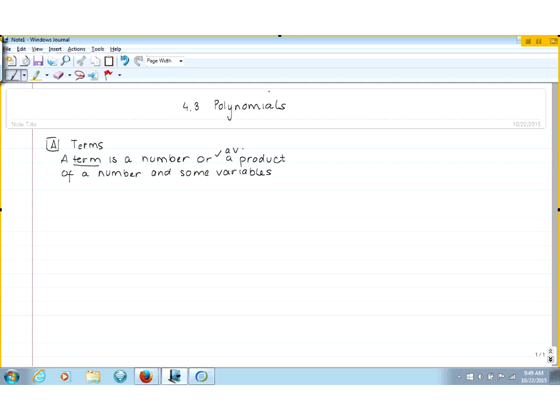Oh, actually, I should say a term is a number or a variable, or a product, so it's three possibilities.